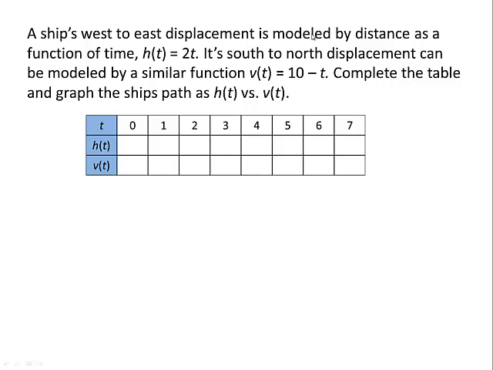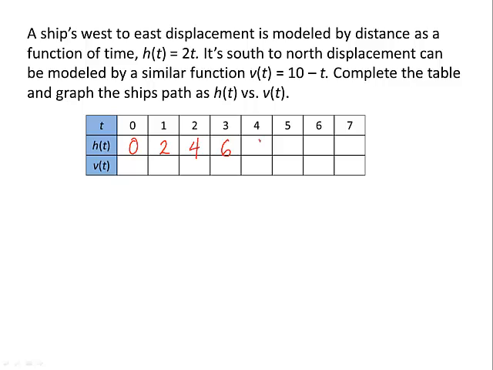Complete the table. So if we want to complete the table here, we're going to use 0 for t. So 2 times 0 is 0. And then 2 times 1 is 2. And 2 times 2 is 4. And 3 times 2 is 6.